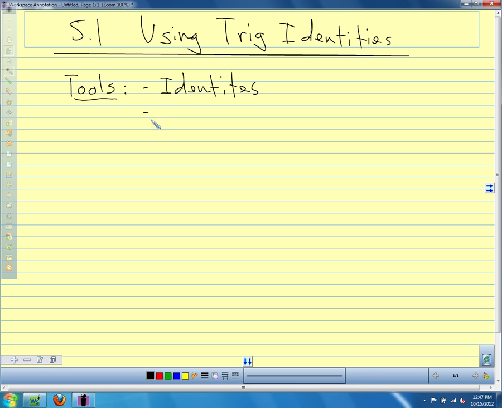The other tools that we can use when we're working with trig functions, trig expressions, are factoring and simplifying. So simplifying is like the example we did from our worksheet, where we rewrite something that's a little more complicated in a form that is maybe less complicated, or maybe more like what we want to work with.